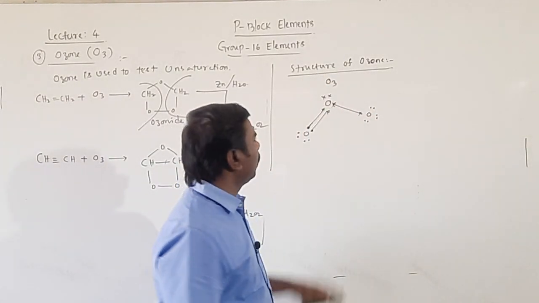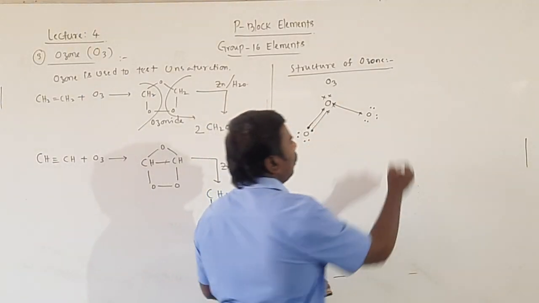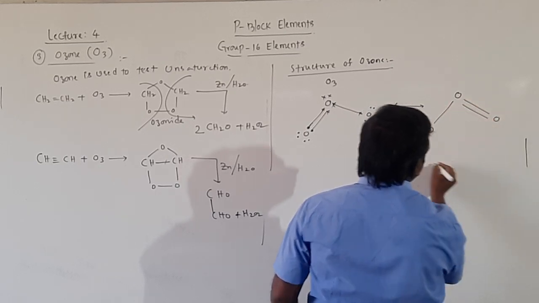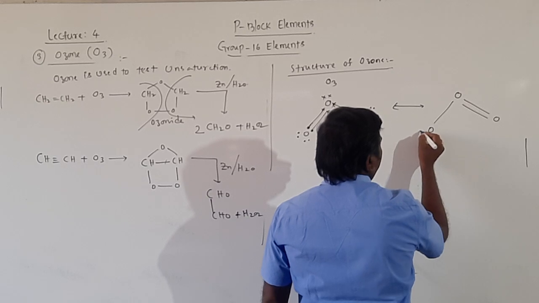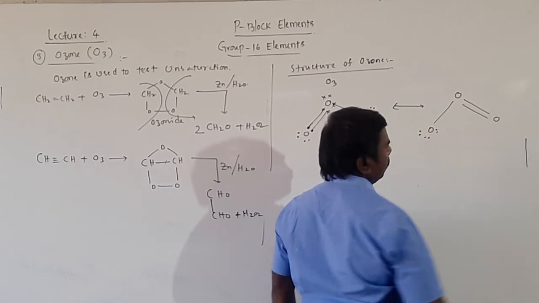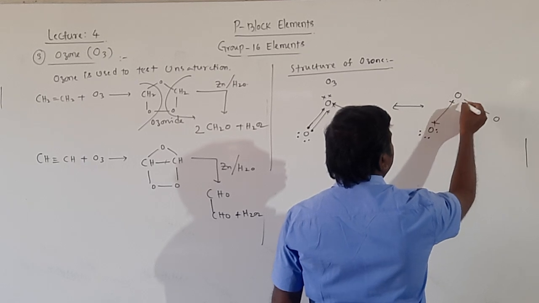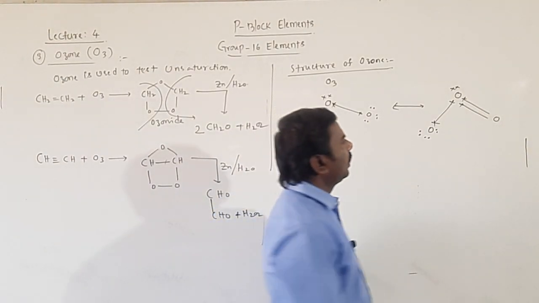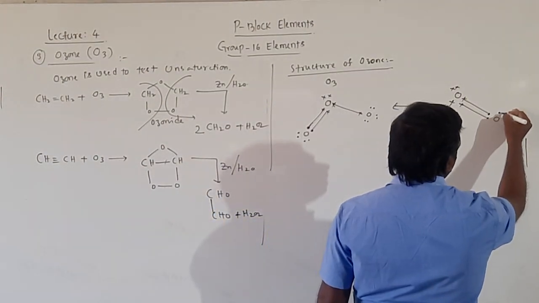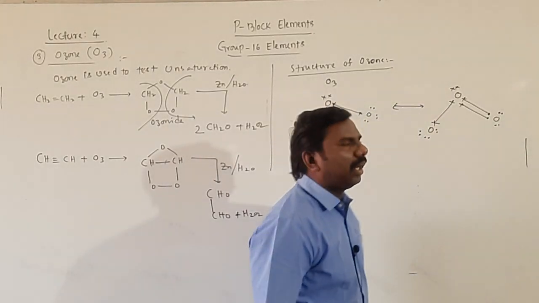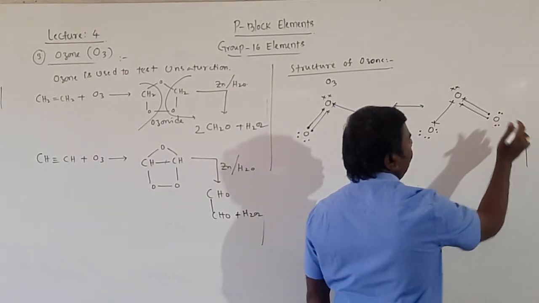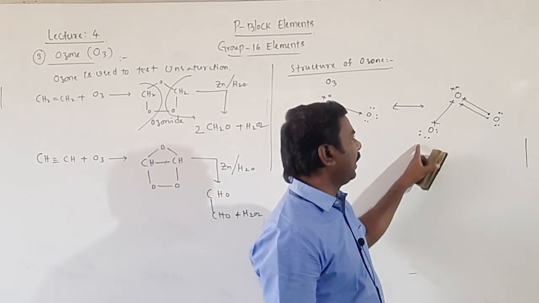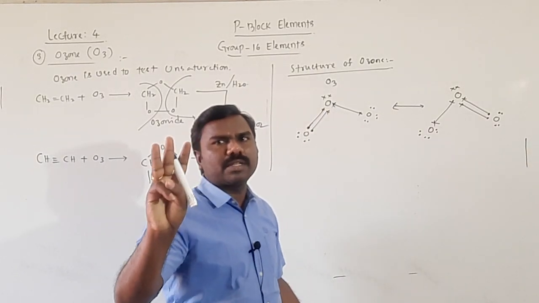The double bond can shift, so we can draw one more structure, with the double bond on the other side. Here totally 2 lone pairs on the doubly bonded oxygen, 1 lone pair on the middle oxygen, and 3 lone pairs on the singly bonded oxygen, very very important.